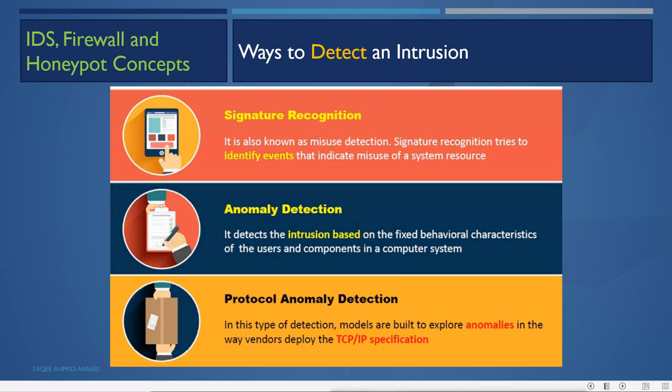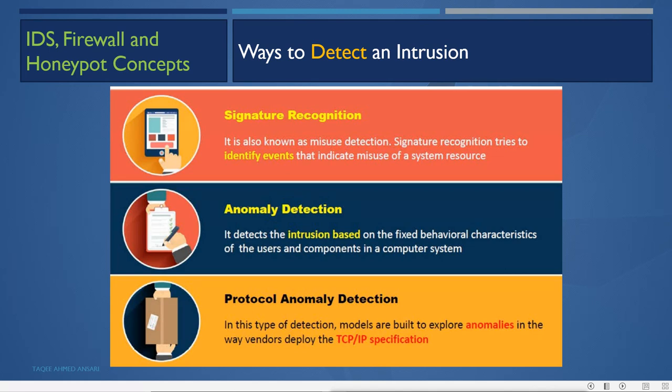Then next is protocol anomaly detection. In this type of detection, models are built to explore anomalies in the way vendors deploy the TCP/IP specifications. Protocols should do what they are intended to do.